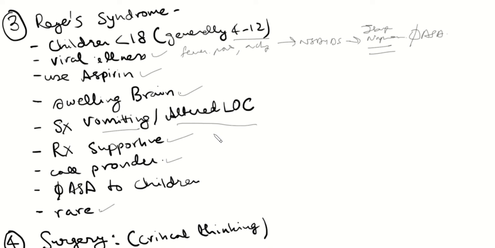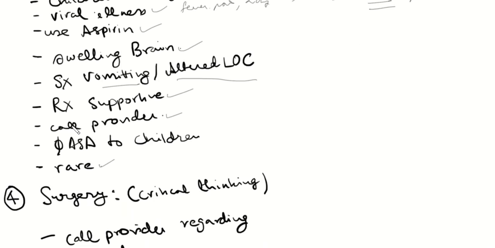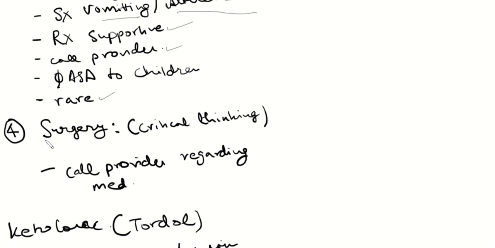And we call the provider if they start to exhibit symptoms of brain swelling after they're given aspirin for a viral illness. So what do we do? We prevent this. It's called Reye's syndrome. So we do not give aspirin to children during viral illness so that there's no likelihood of them developing Reye's syndrome.